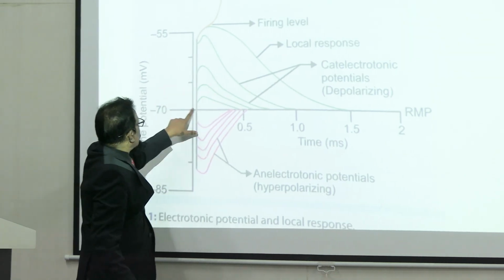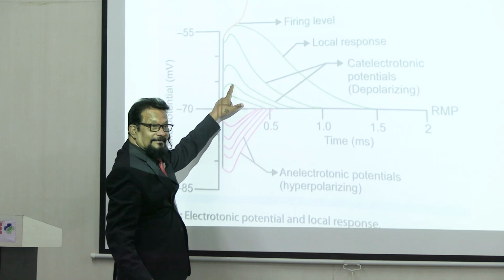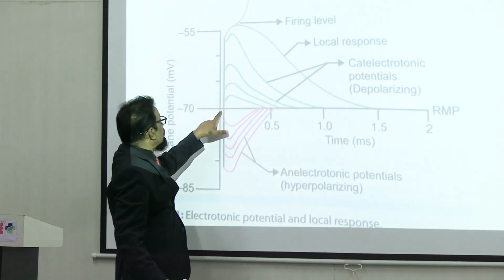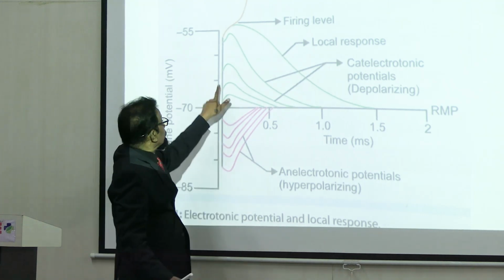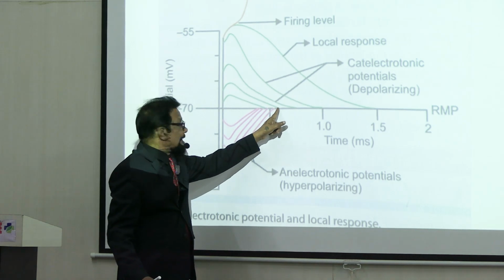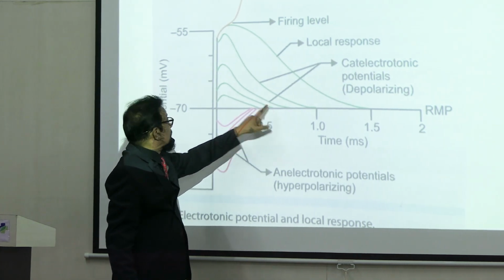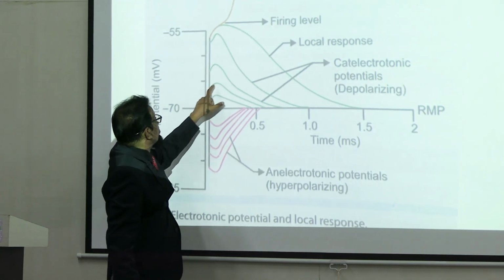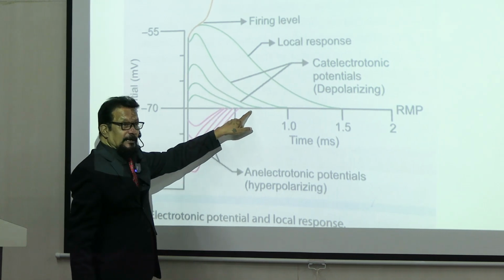The change in membrane potential will be more than this, since the strength is relatively more. Again it will continue, and thereafter shortly it will come back to normal, the resting membrane potential. Again, if I increase the strength, this will be the change in membrane potential.